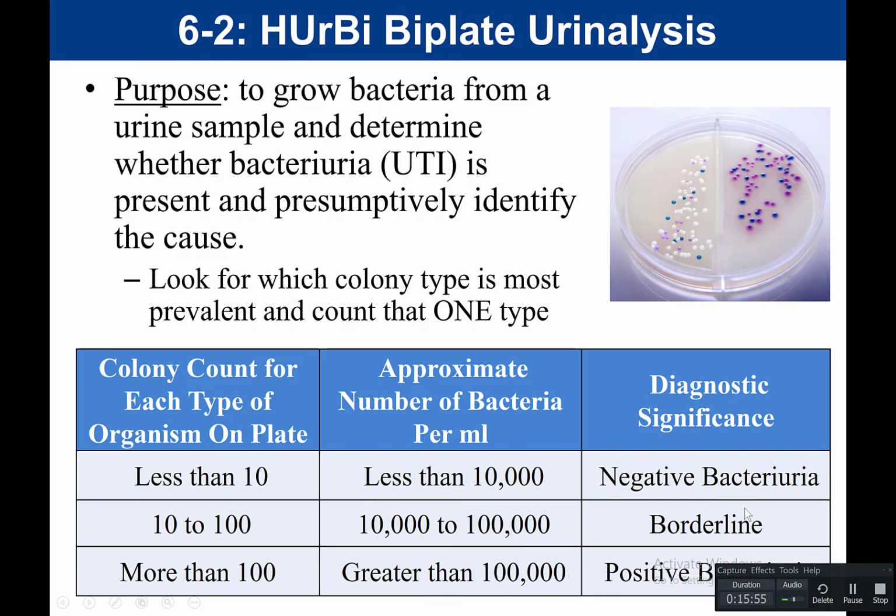That is going to be considered borderline. And then more than 100 is going to be greater than 100,000 bacteria per milliliter, and that would be positive for bacteriuria. So you want to know based on these colony numbers what the diagnosis would be: negative, borderline, or positive.